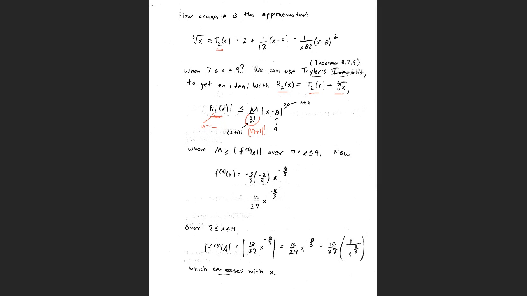And then you have x minus 8, where 8 is a, to the n plus first power, that's 2 plus 1. So the only thing we need to do here is figure out what M is.